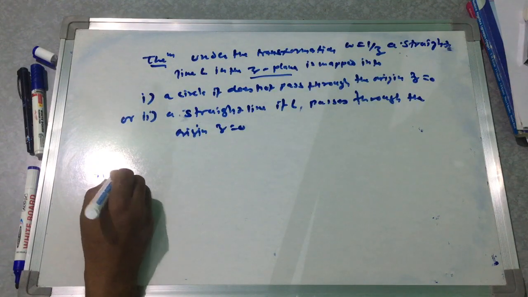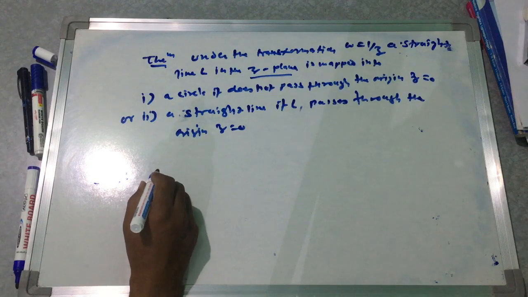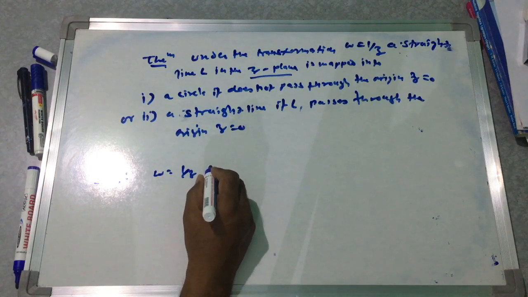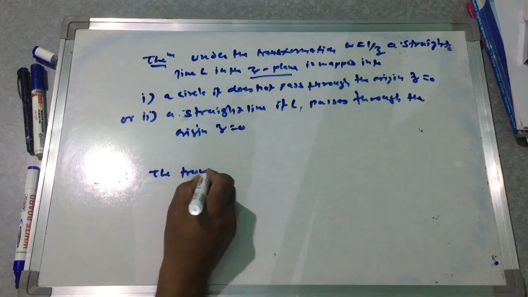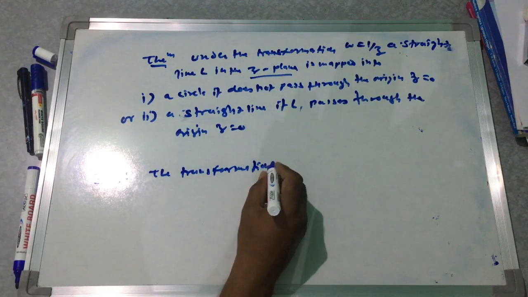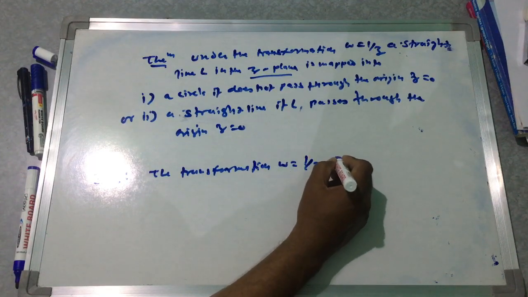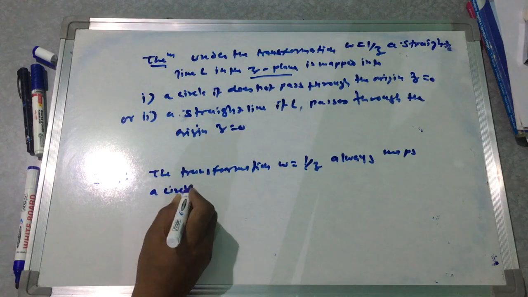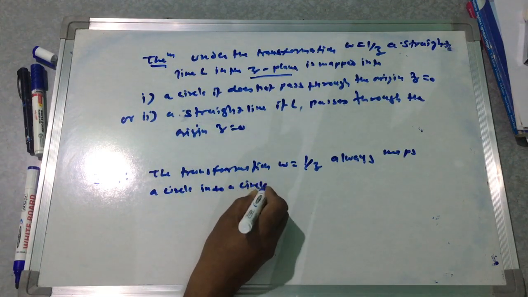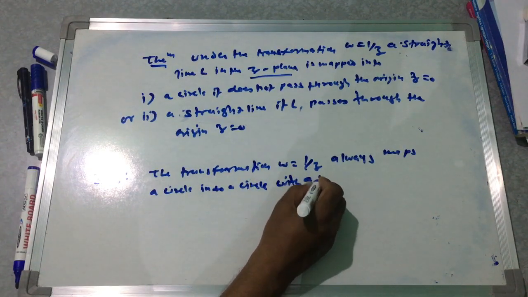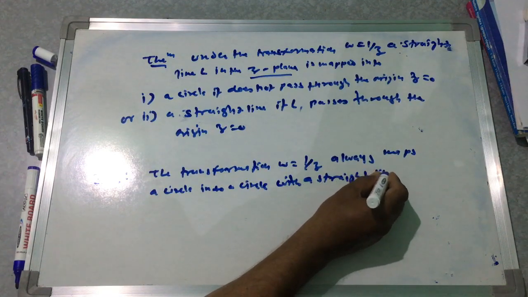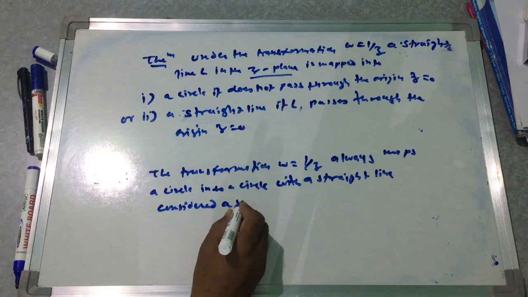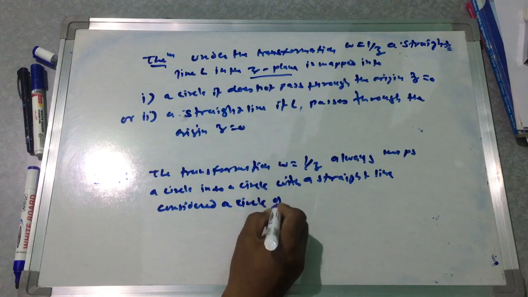Then another theorem is given. The transformation W equal to 1 upon Z always maps a circle into a circle, with a straight line considered as a circle of infinite radius.